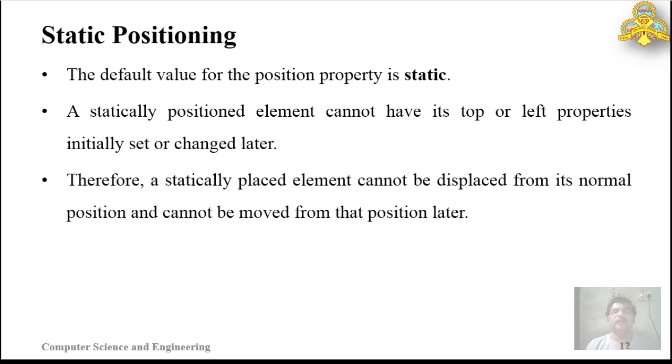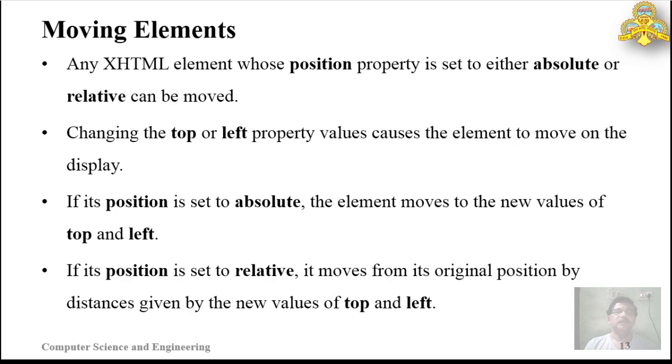It will be fixed in this location. Moving elements is very simple. If the position property of that element is set to absolute or relative, then by changing the top, left, and likewise right and bottom, we can move the element to new locations.